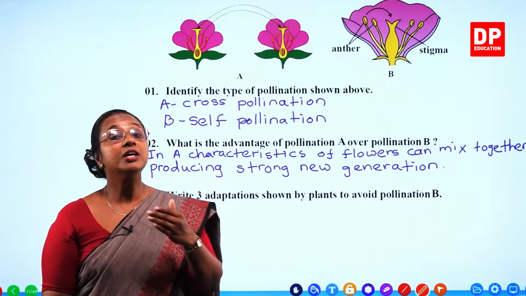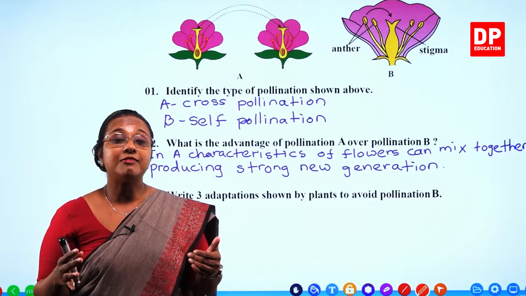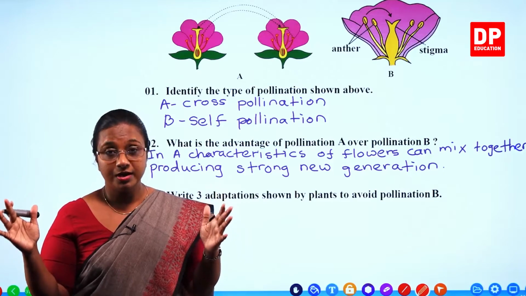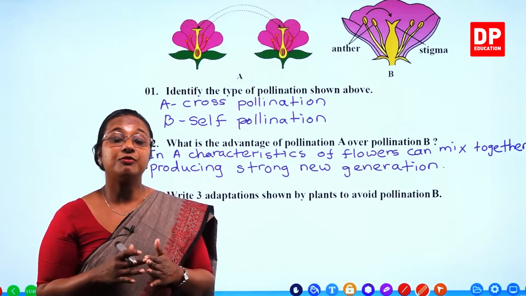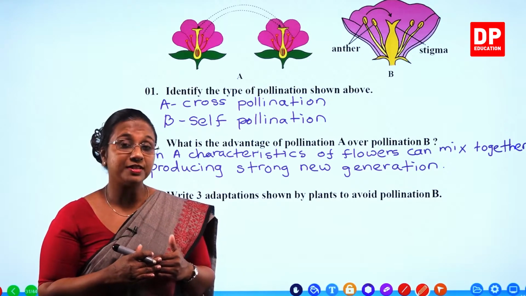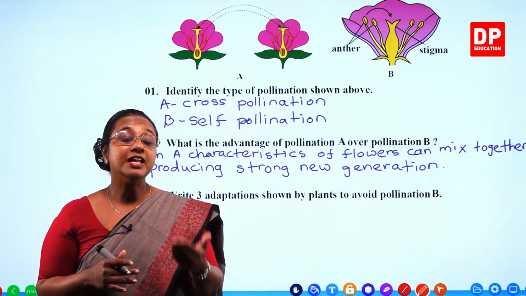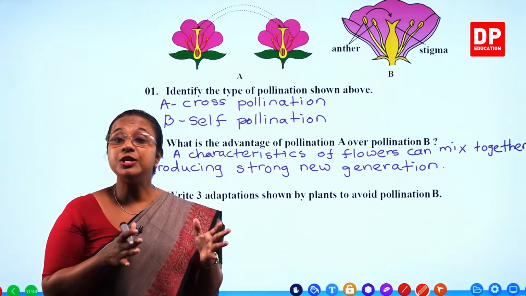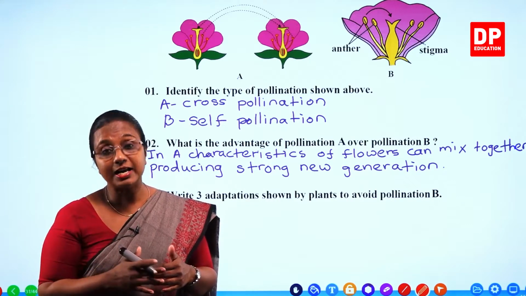Then they show Hercogami. What is Hercogami? If you take a flower, if the stigma and the anther are positioned far apart at a distance, then of course there will be less chances of the pollens falling on the stigma of the same flower. That is another adaptation. Then they show dichogamy. What is dichogamy? The maturity of the pistil and the stamen occur at different time intervals.